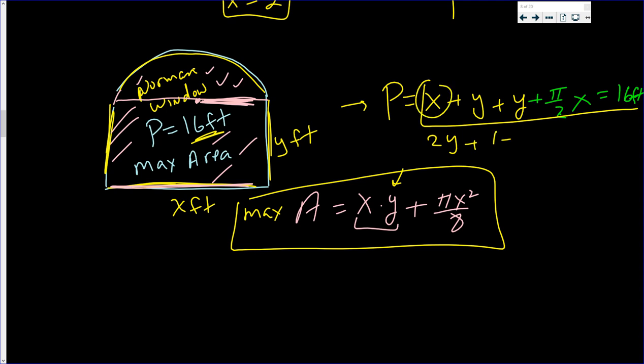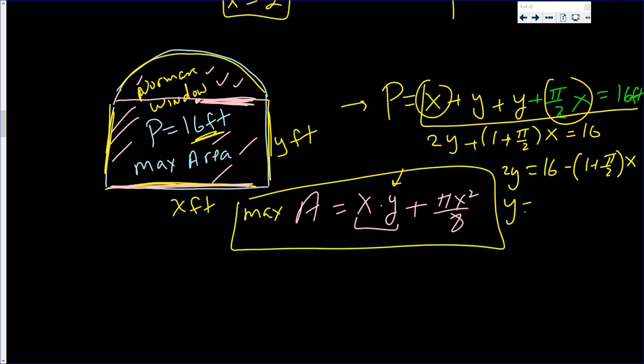We have 1 here, and we're adding on pi over 2 more. And this is equal to 16. So 2y is going to equal 16 minus (1 plus pi over 2)x.